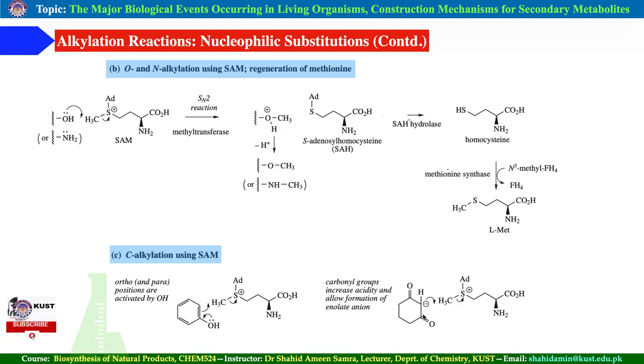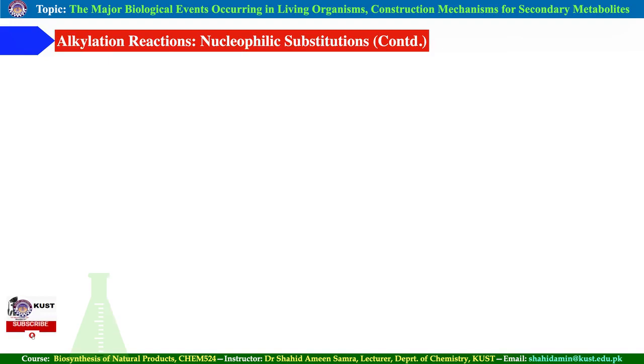Similarly, if we have two carbonyl groups in some molecule, and there is some CH2 group in between these two carbonyl groups, that CH2 will be active methylene, so it may lose its proton to some base, and this carbon becomes a negative center, so this will be a nucleophilic center. It may attack the CH3 group, and this CH3 will get attached to this position. So this is the way alkylation reaction happens through nucleophilic substitutions.